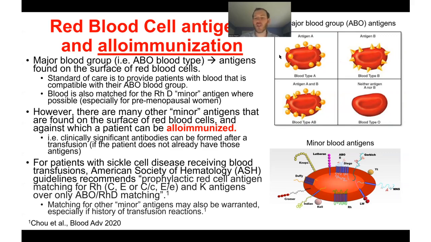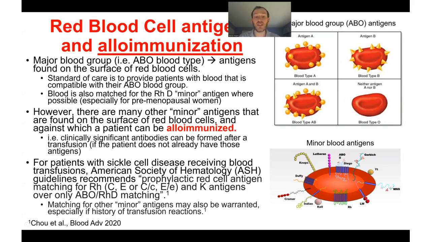However, there are many other minor antigens found on the surface of red blood cells against which a patient can be alloimmunized, i.e., clinically significant antibodies can be formed after a blood transfusion if the patient doesn't already have those antigens on their blood. You can see a bunch of minor blood antigens in this diagram on the bottom right.